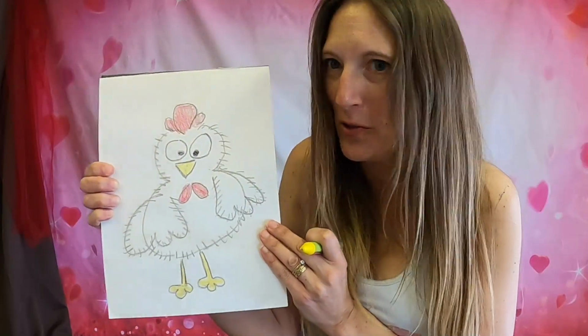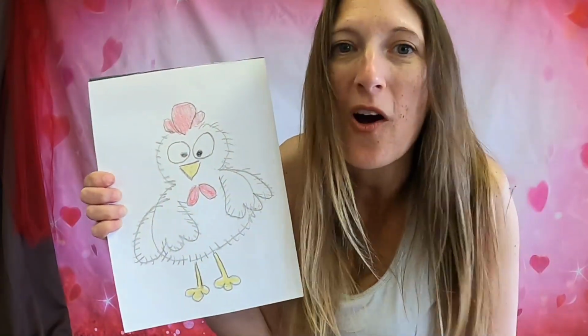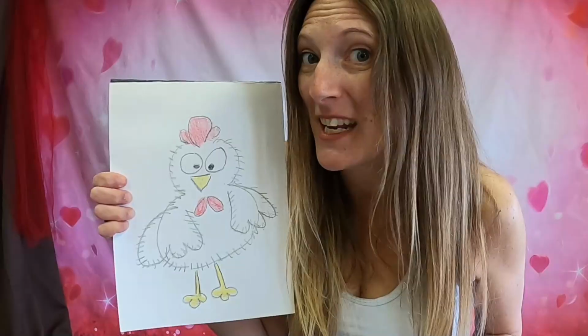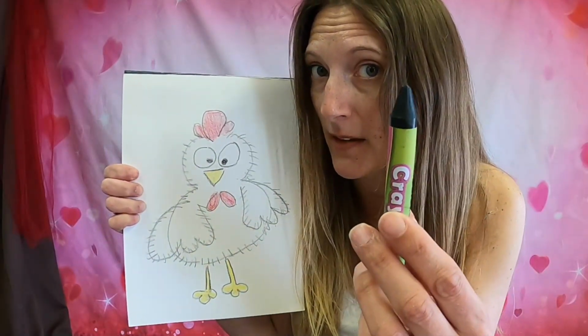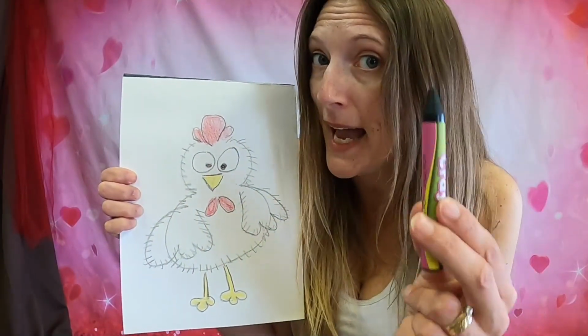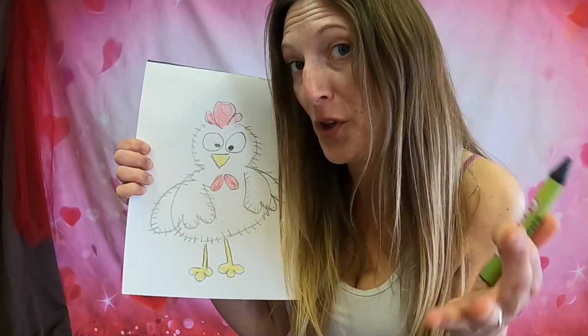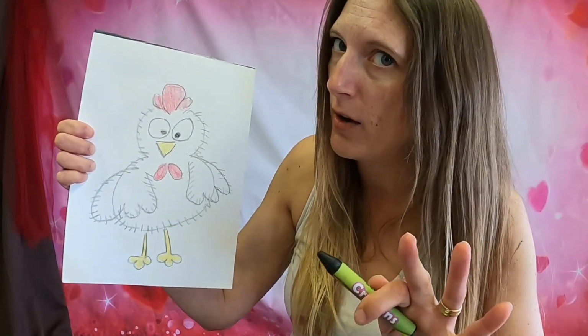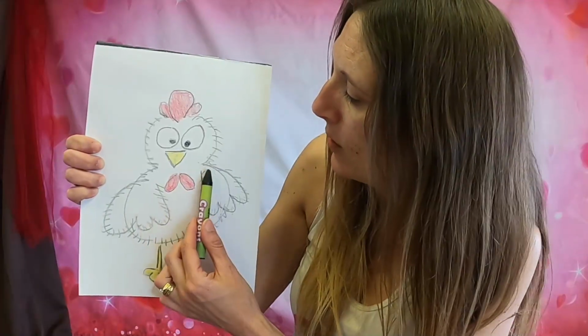All right, now there's only just a little bit more to do, right? You can finish coloring him all in, or you can leave him white if you want. But you know what Miss Deb is gonna do? Miss Deb is gonna shade him very, very gently. I'm gonna use a black crayon because I don't have gray. If you have gray, you could use gray instead. But I'm gonna have to be very, very gentle.